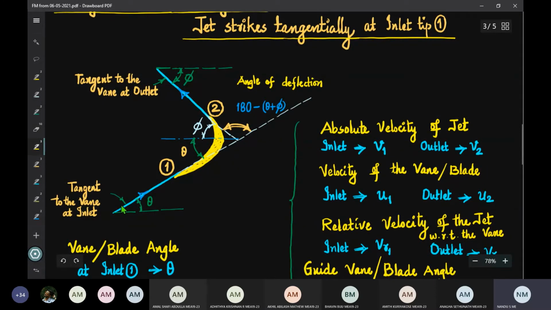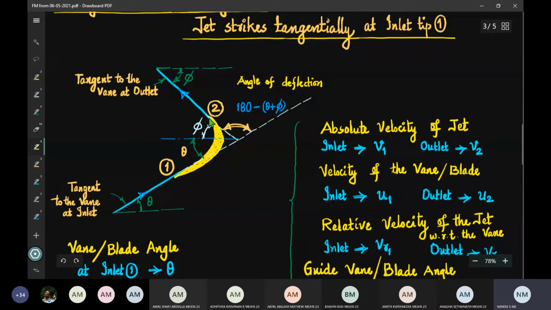Tangent makes an angle theta with the horizontal at the inlet to the vane, and the tangent at the outlet will make an angle, let us say phi, because these two angles will be different since the vane is an unsymmetrical one.